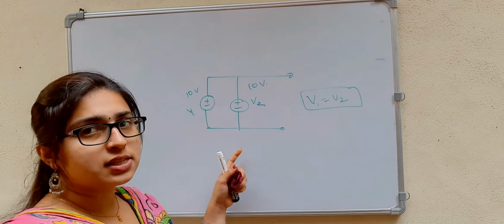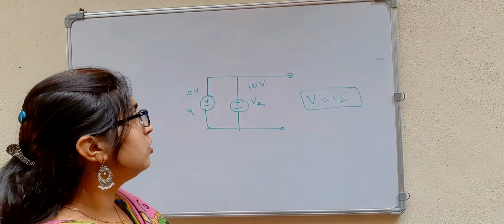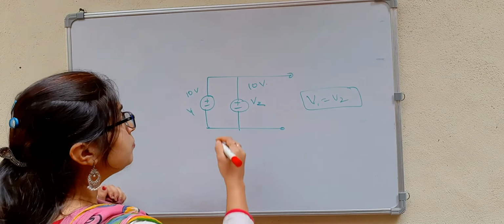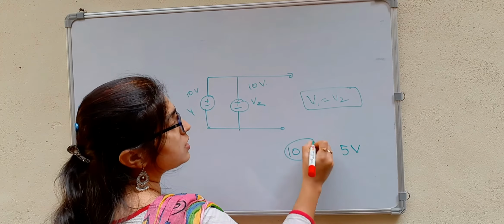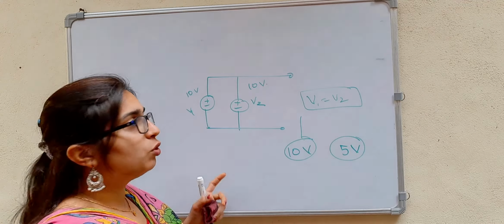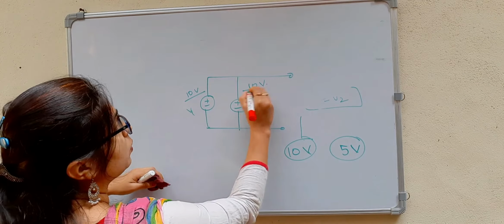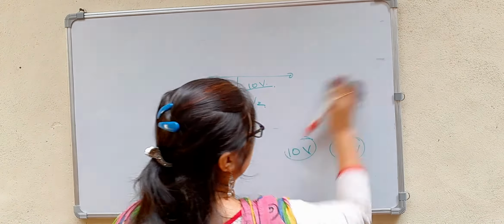Actually, this is unnecessary because only one voltage source will do the work. But they should not be like 10 volt and 5 volt. This is a bad connection of voltage sources. So the voltage rating should be equal: V1 should be equal to V2 in a parallel connection.